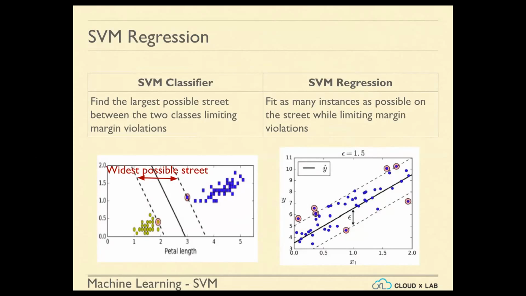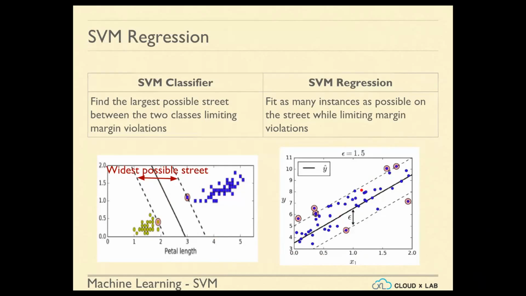In the SVM regression, we fit as many instances as possible on the street while limiting the margin violations. Here we were trying to have the widest empty street possible; here we are trying to have the most crowded street possible.